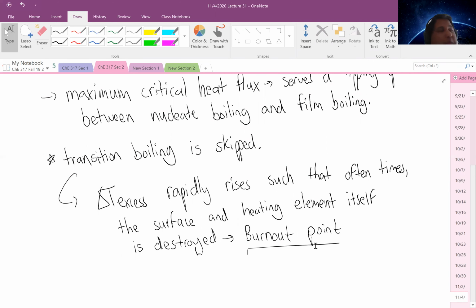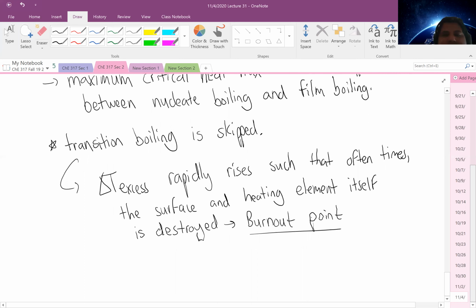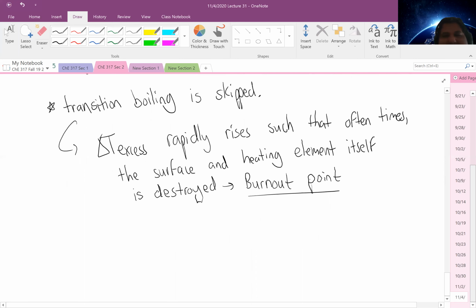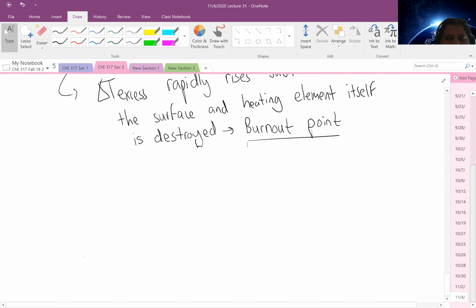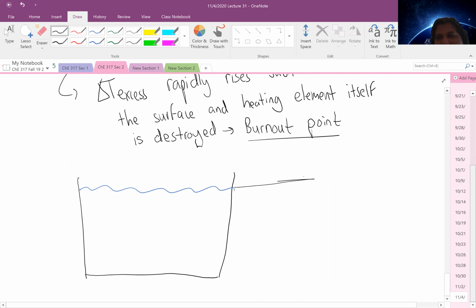Now, to understand why this happens, we have to take a look at what we find at the very end of our nucleate boiling regime. If I were to zoom in on that pot of boiling water that you apparently forgot about, as this gets hotter and hotter, we start to see more and more bubbles, correct?